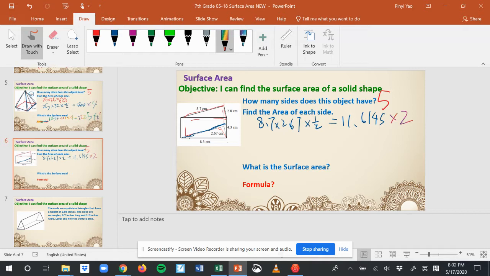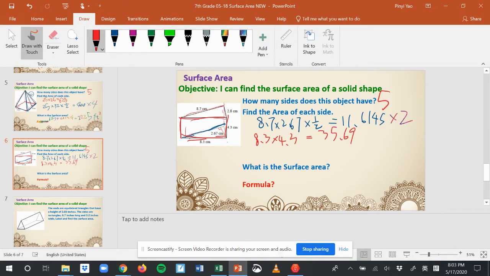Next, we have this face on the front, which is right here. That's going to be 8.3, which is right here, times 4.3. And that gives us 35.69.